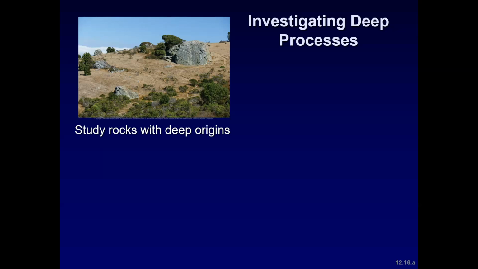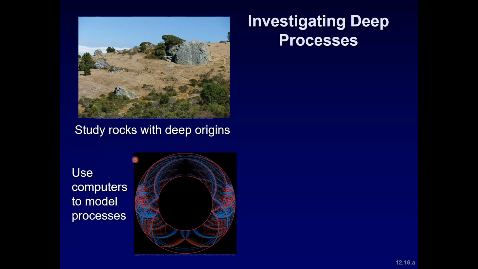So these are blue schist and eclogite in California from deep within the earth, but they were brought upwards through transfer of energy, really. We can use computer models to sort of get an insight on processes that are too deep within the earth to observe directly.